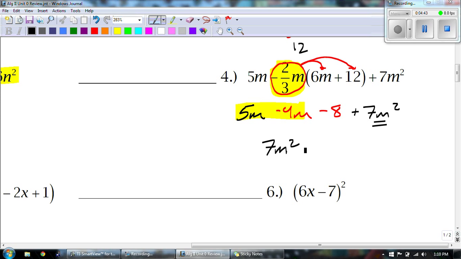Combine your like terms, and then that 8 is all left alone. Okay, so you can have the one there. That's correct, but when you see the answer on a test, it'll look like that, 7m squared plus m minus 8.